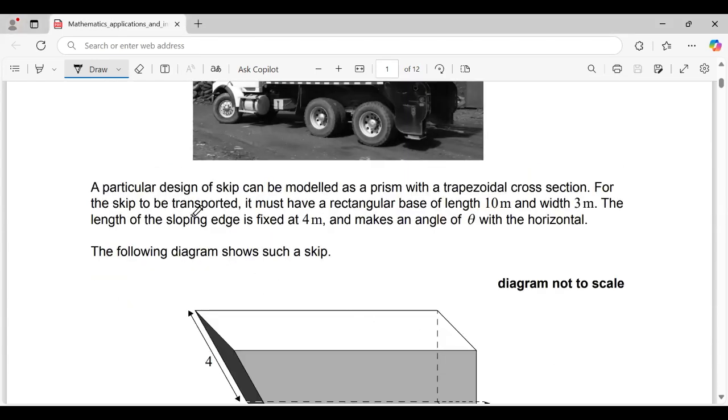The particular design of skip can be modeled as a prism with a trapezoid cross-section. For a skip to be transported, it must have a rectangular base of length 10 meters and width 3 meters. The length of the sloping edge is fixed at 4 meters and makes an angle of theta with the horizontal. The following diagram shows such a skip.